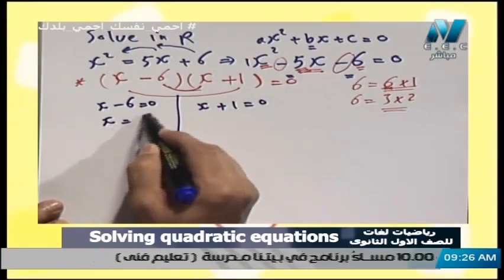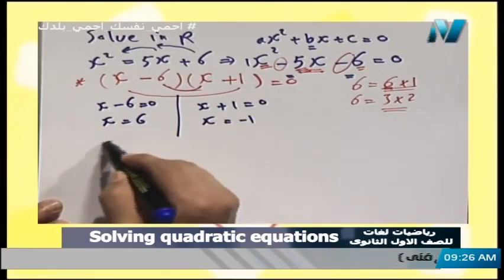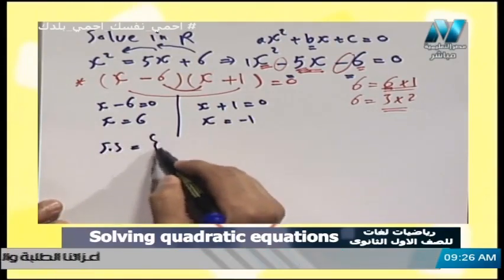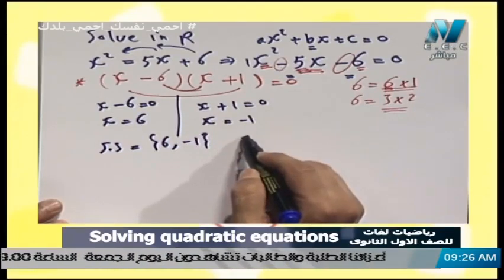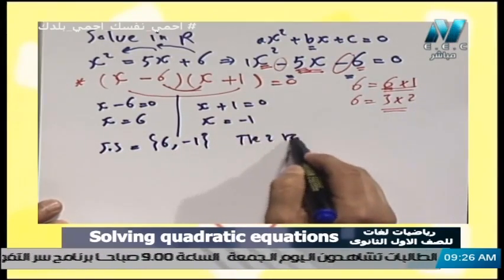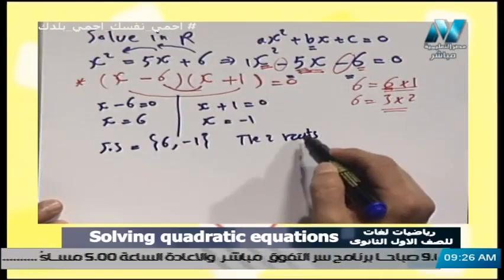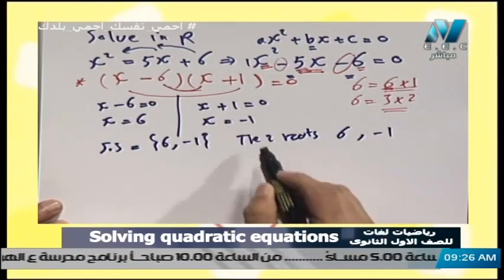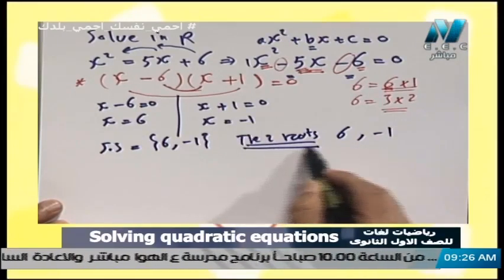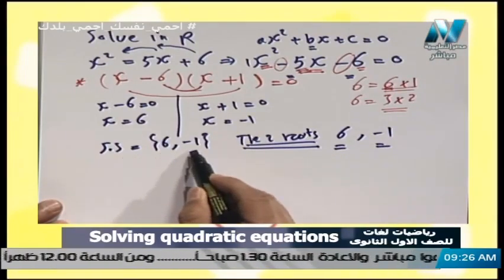So x equals 6 and x equals negative 1. So the solution set by factorizing equals 6 and negative 1. So the two roots of this equation are 6 and negative 1. We say that the two roots are 6 and negative 1, or the solution set equals 6 and negative 1.